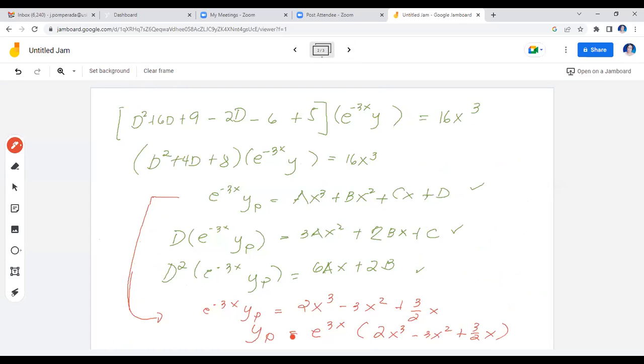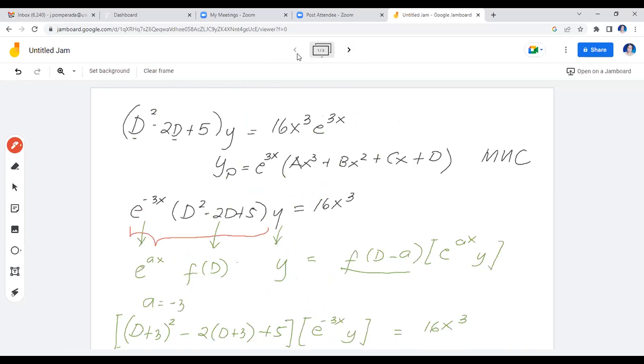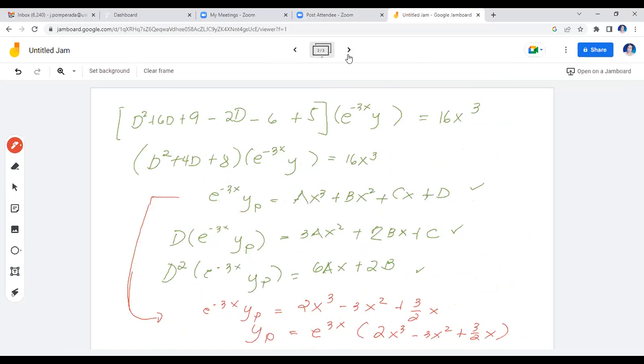However, don't forget that this is not yet the end of the method of exponential shift. Of course, you still need to find the yc. So since this is a modified procedure of the method of undetermined coefficient, don't forget that when you determine your complementary solution, it should be based on the original DE, not on this one.